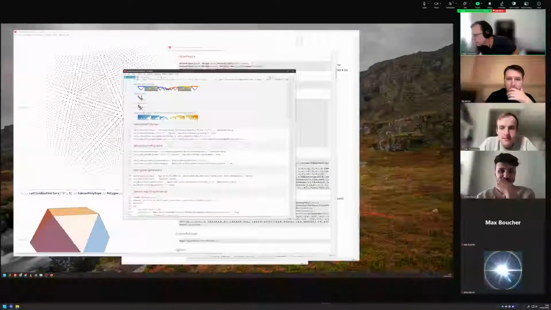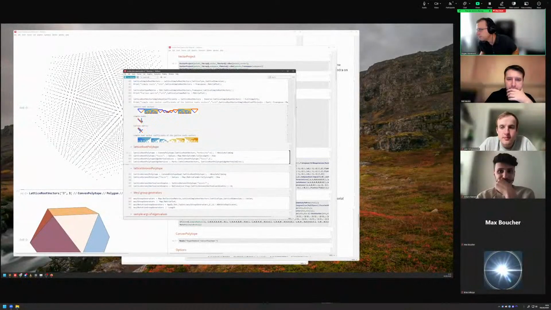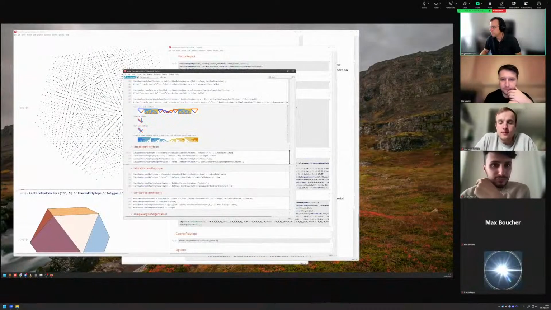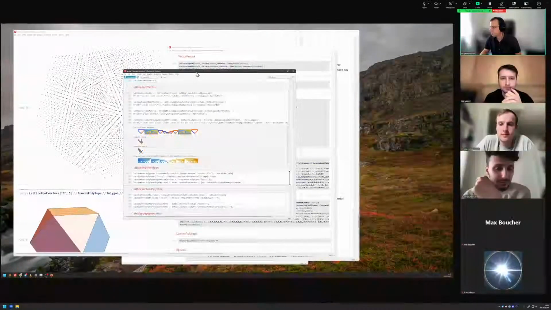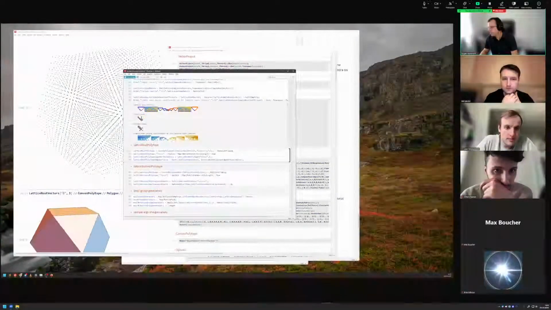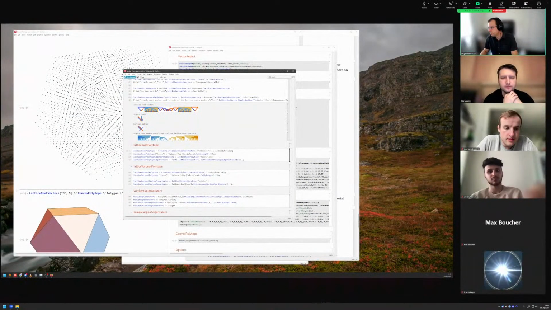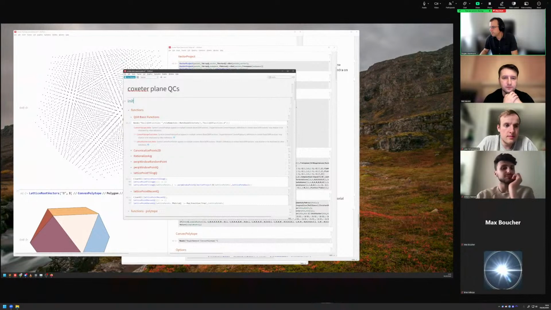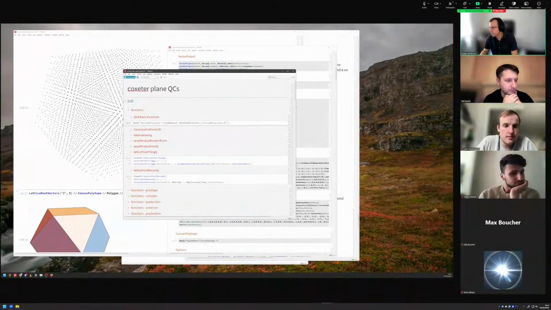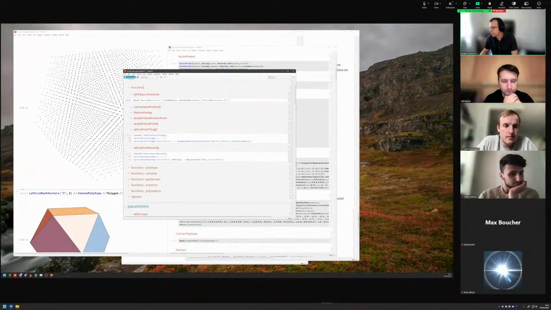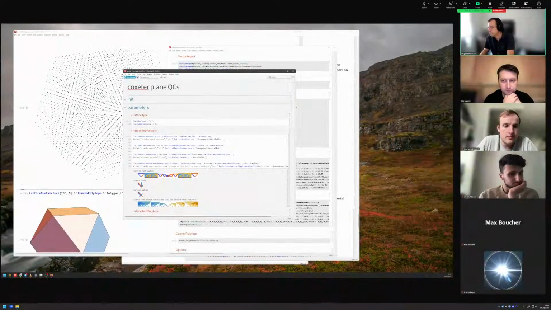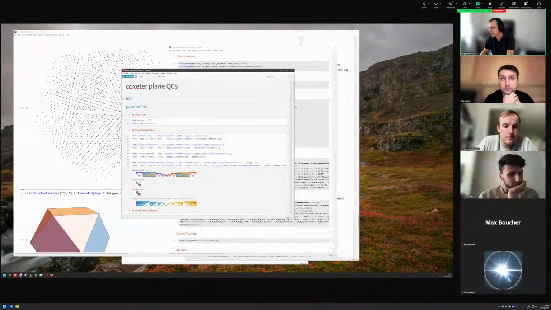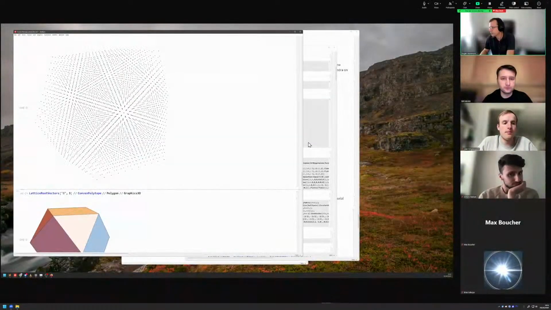Did it go through? Oh, the kernel quit. No, this won't work.